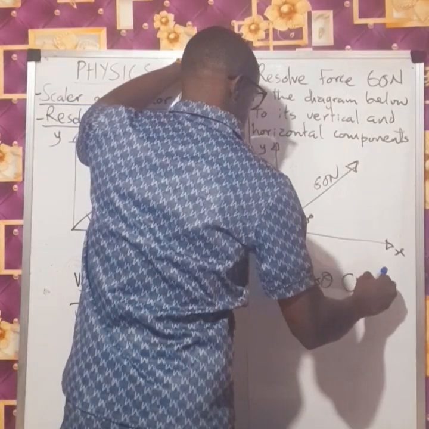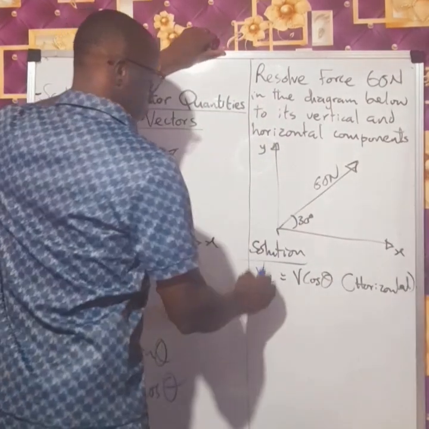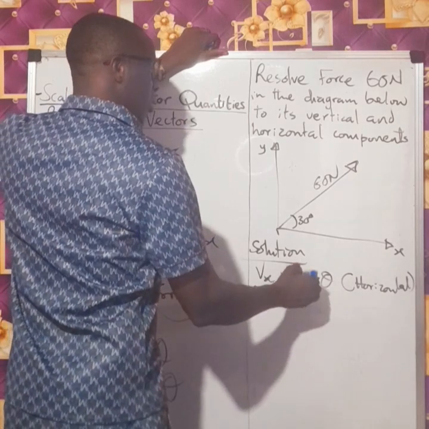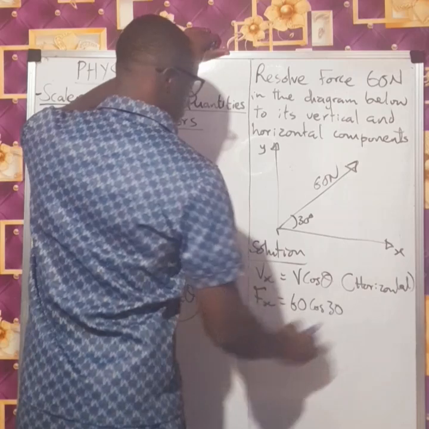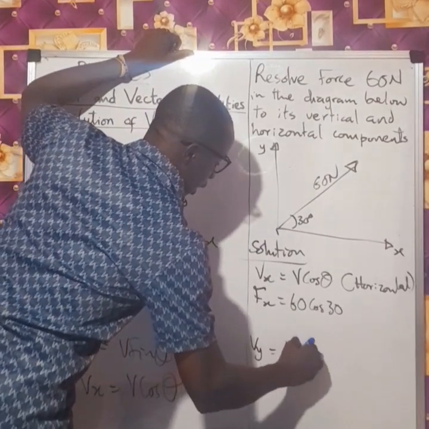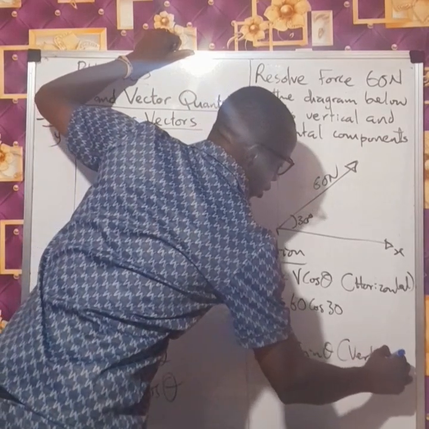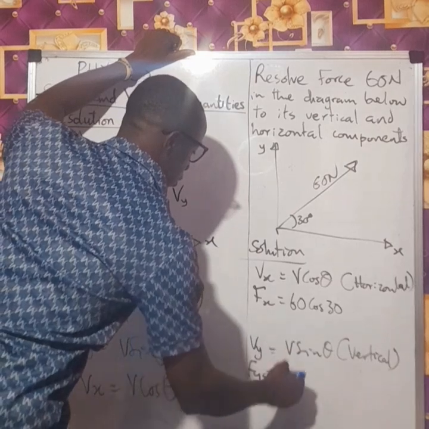So Fx equals 60 cos 30. Then Vy equals V sin theta, that's our vertical component. So we have Fy equals what?